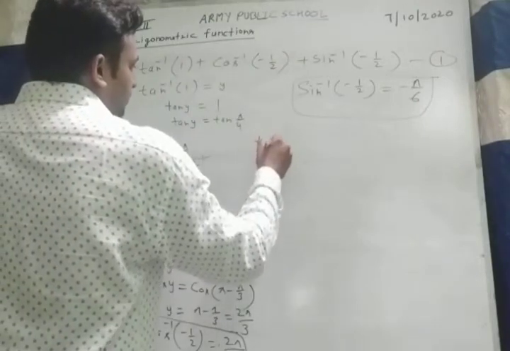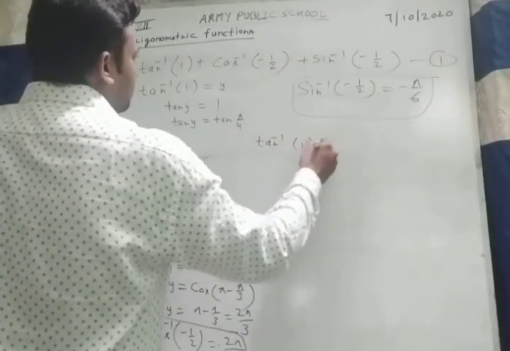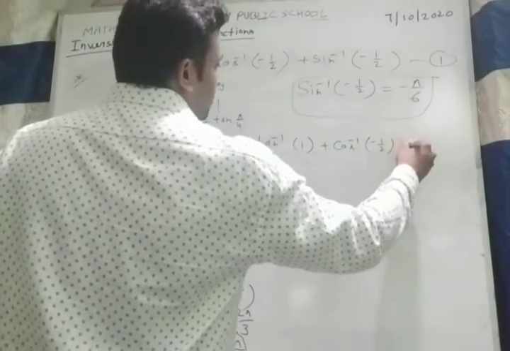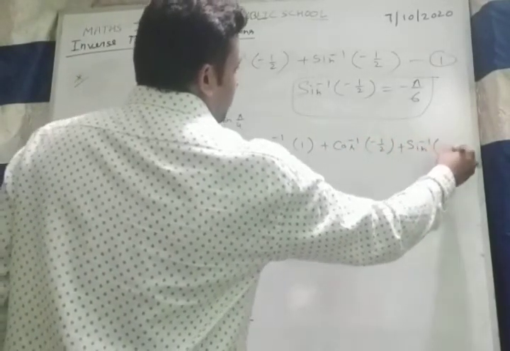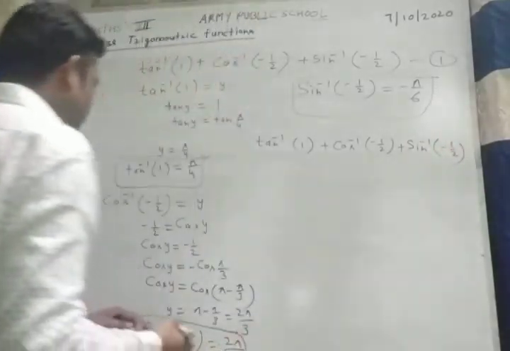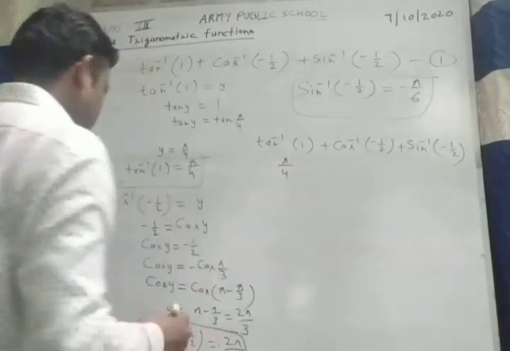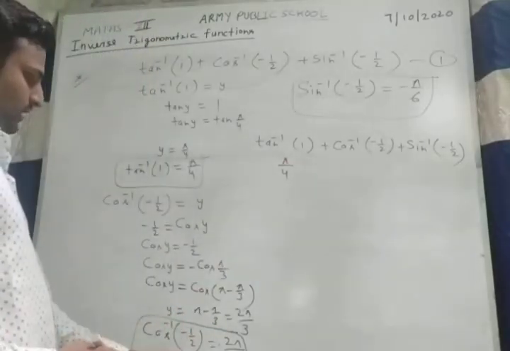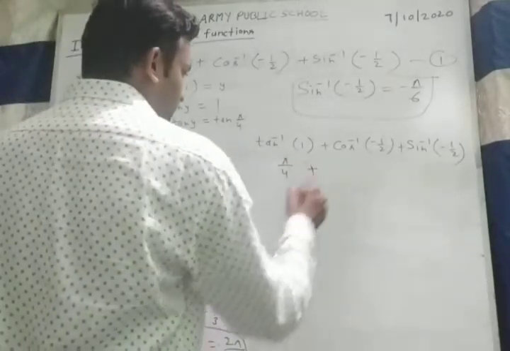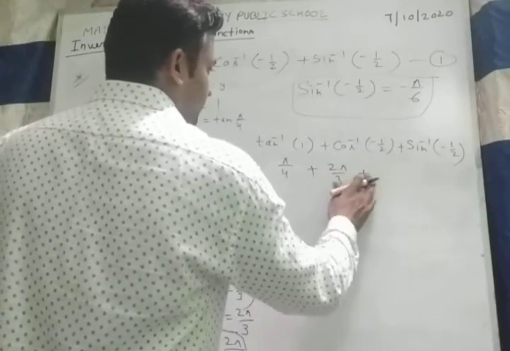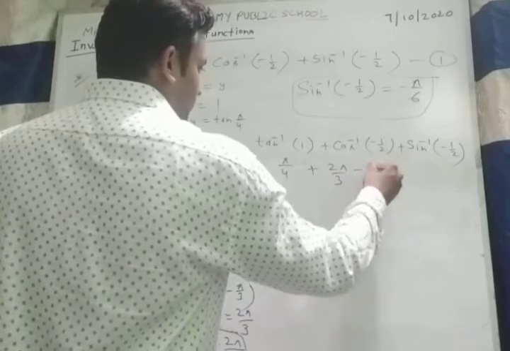So tan inverse 1 plus cos inverse minus 1 by 2 plus sin inverse minus 1 by 2. We get pi by 4 plus 2 pi by 3, and this is minus pi by 6.